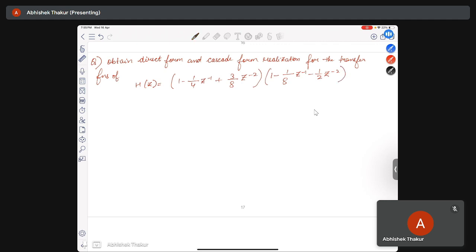So first we will do the direct form realization and then we will find the cascade realization of the same.